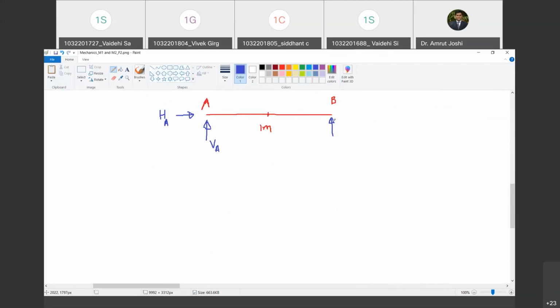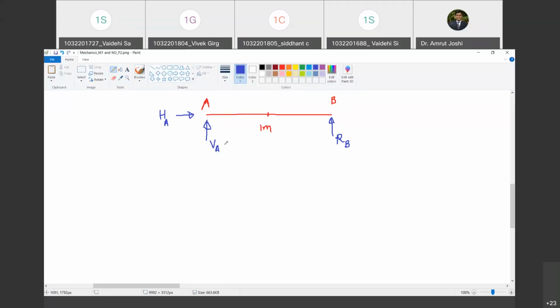And as there is no horizontal reaction at B, only vertical reaction at B, I am going to call this as RB instead of calling it VB and HB. Are you with me? Yes, sir. If I have to write down the reaction at A, what should I do? It is RA, which is equal to square root of HA square plus VA square. Happy? Yes, sir. And what is the angle that RA makes with horizontal?